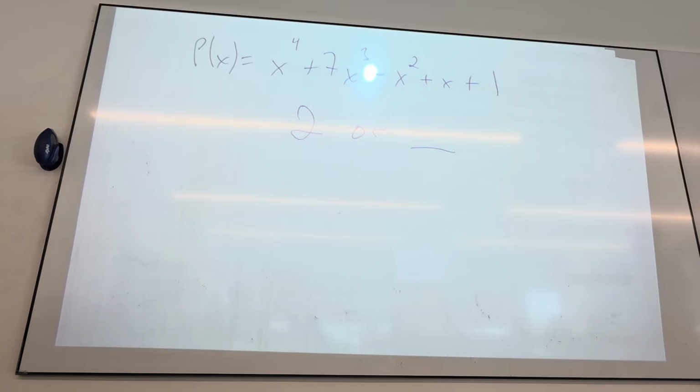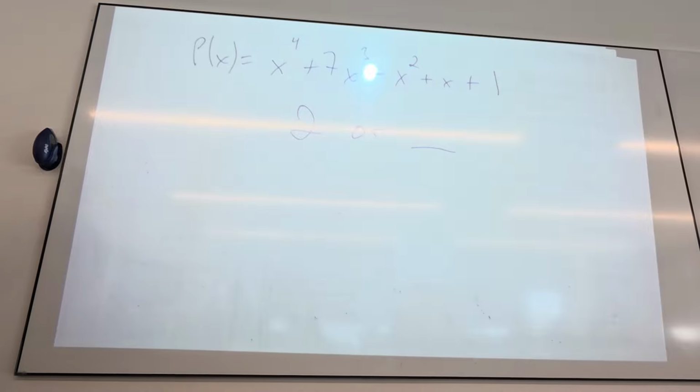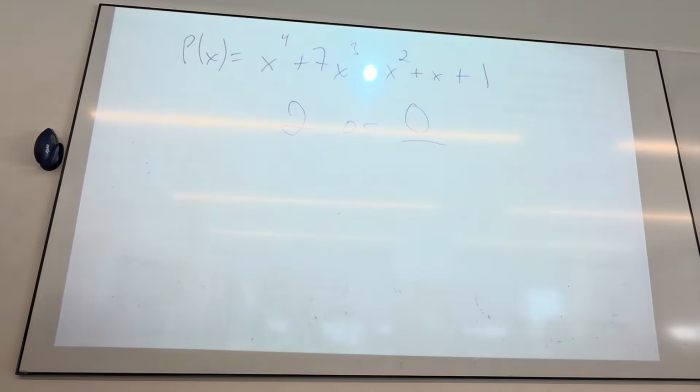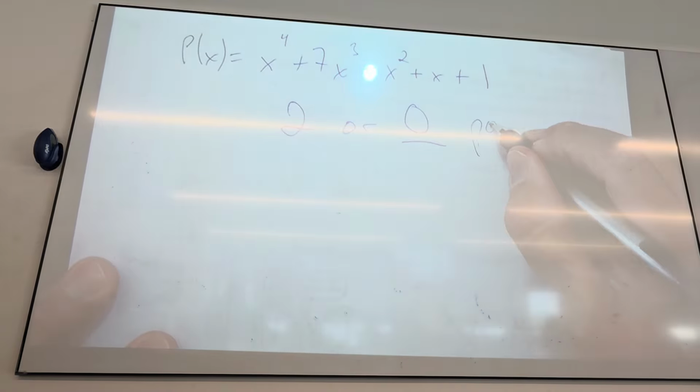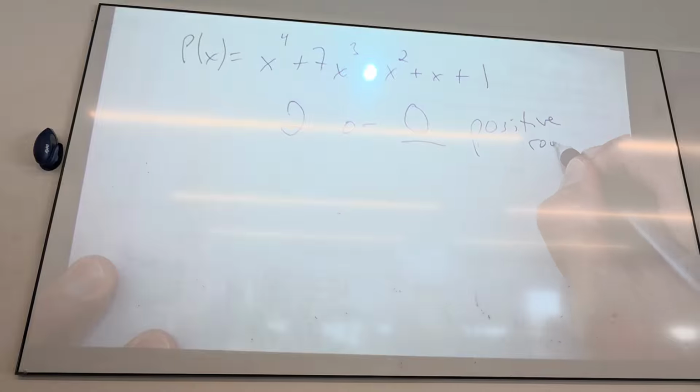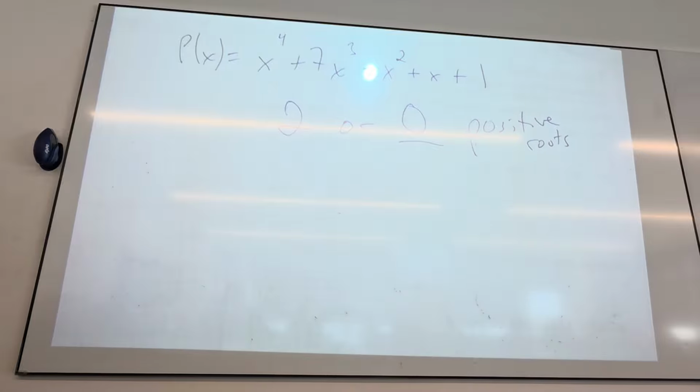And how do complex roots show up? In pairs. Two or 0 positive roots.